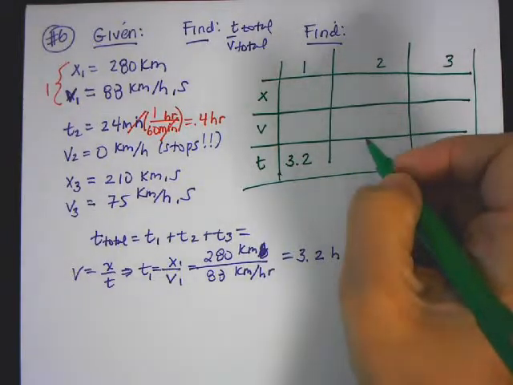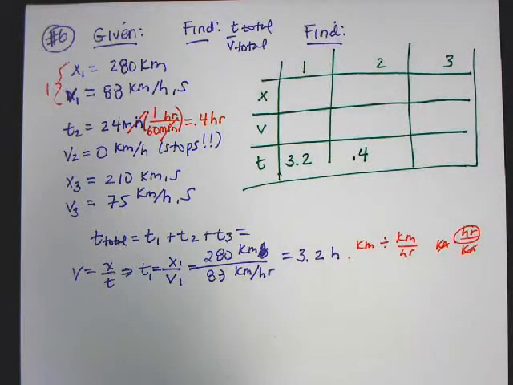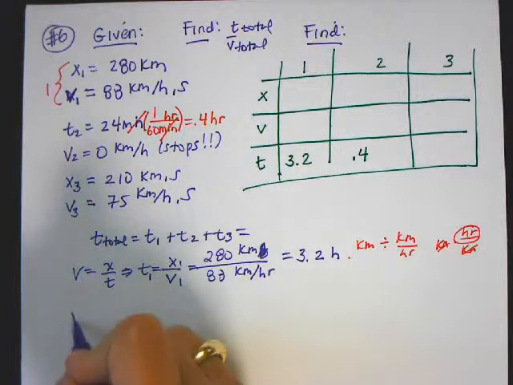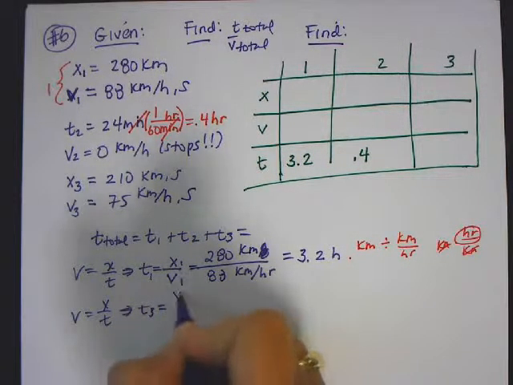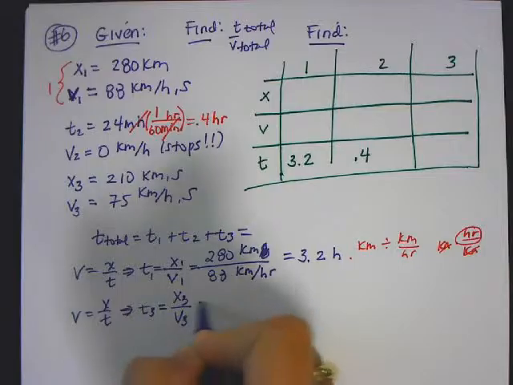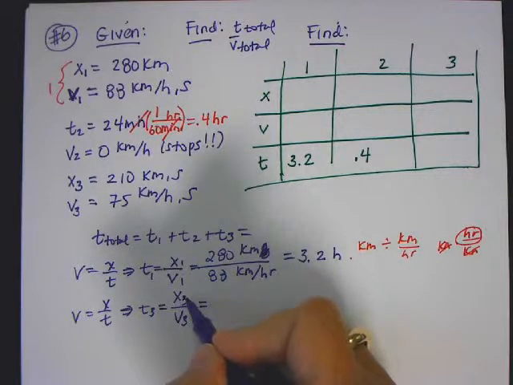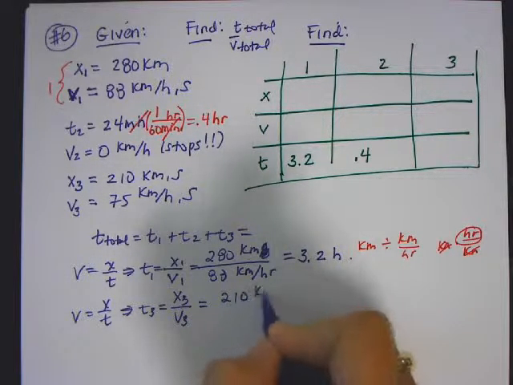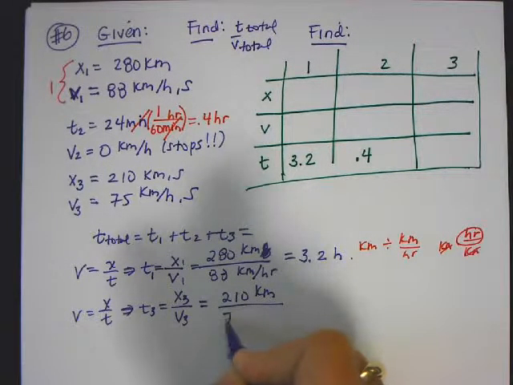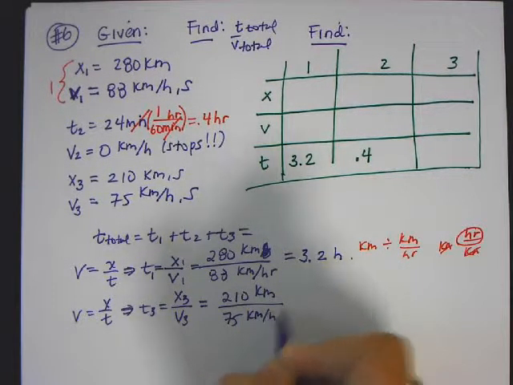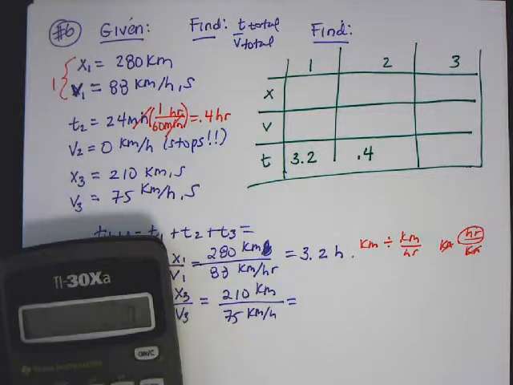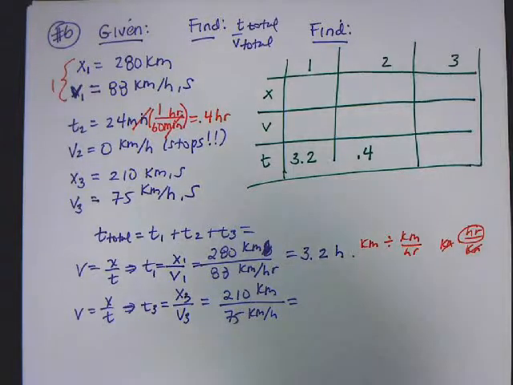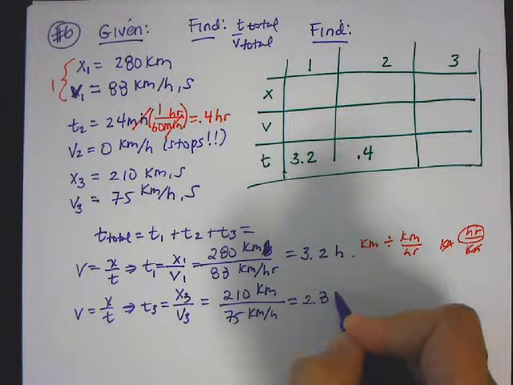T2 is 0.4. And then for T3, I do the same thing. So if V is x over t, T3 is equal to x3 over V3, which is 210 kilometers divided by 75 kilometers per hour, which comes out to be 2.8 hours.